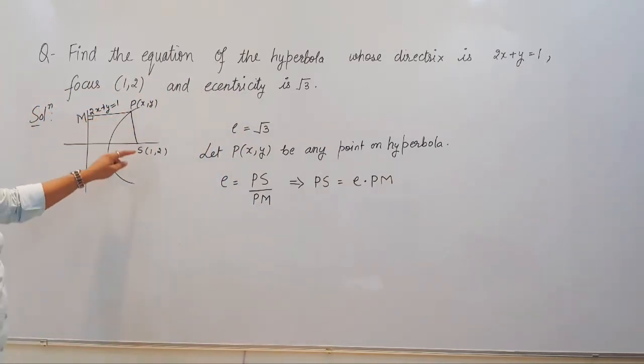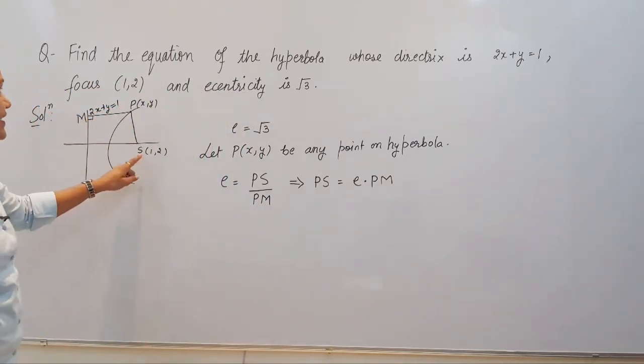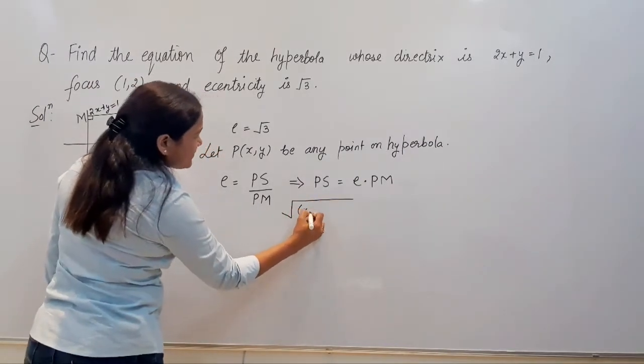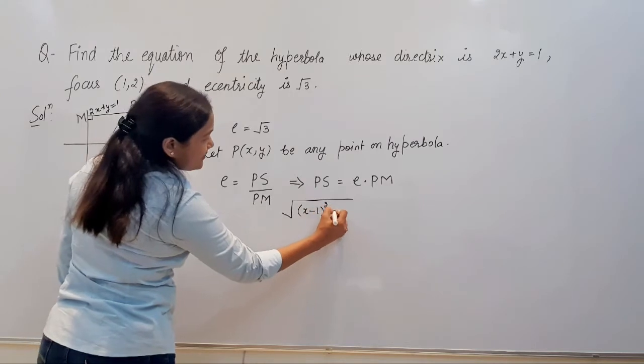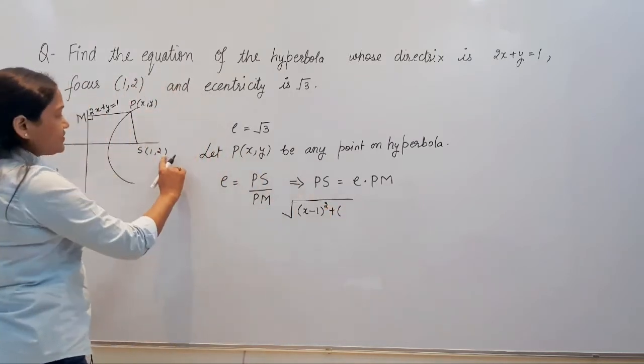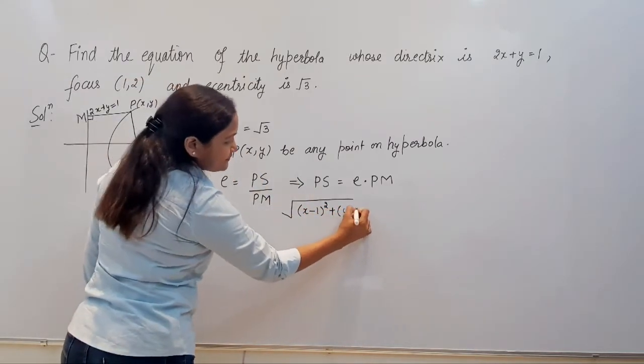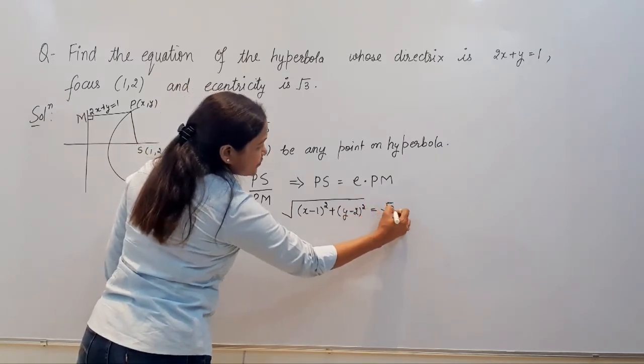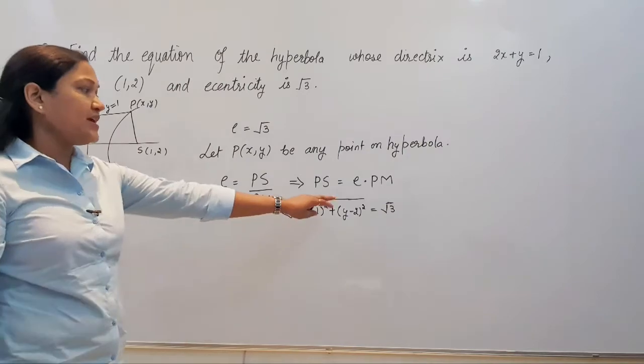Now what is PS? Distance between P and S is root of (x − 1) whole square plus (y − 2) whole square, and your eccentricity of the hyperbola is √3. And what is PM?